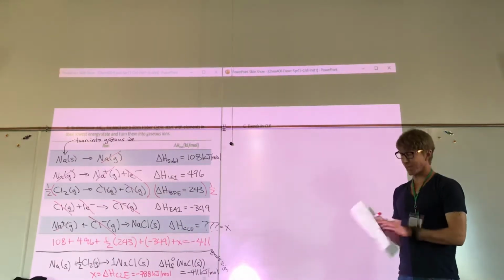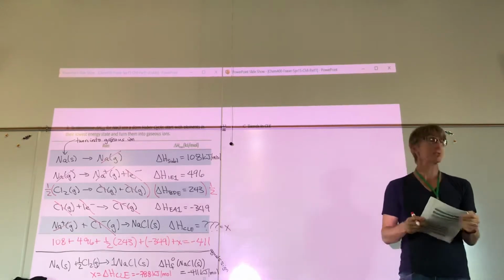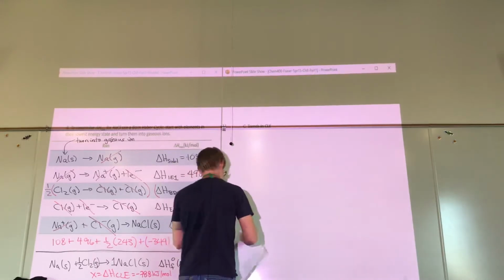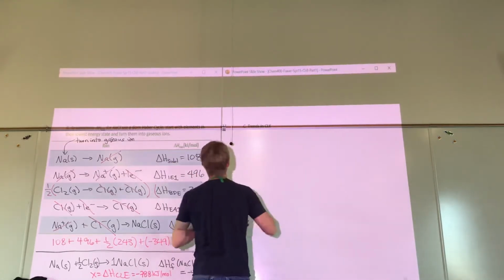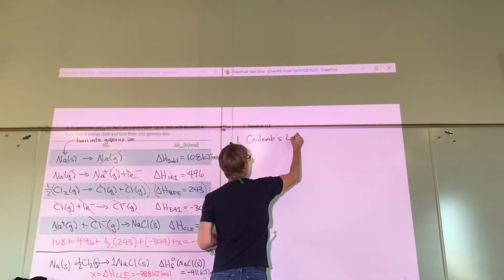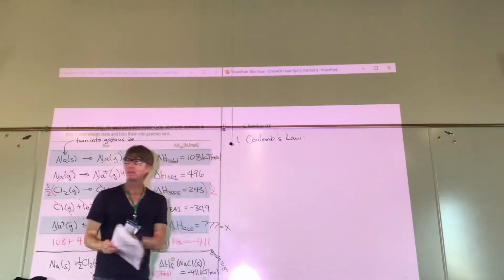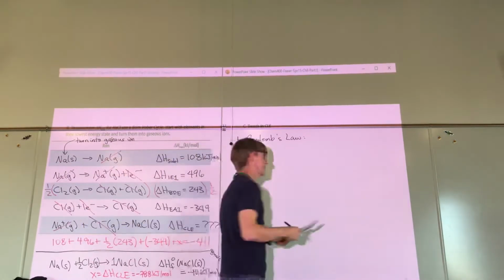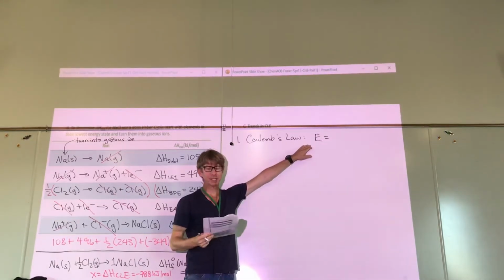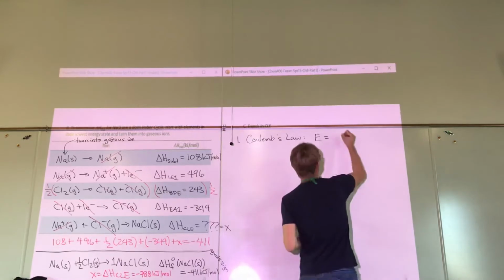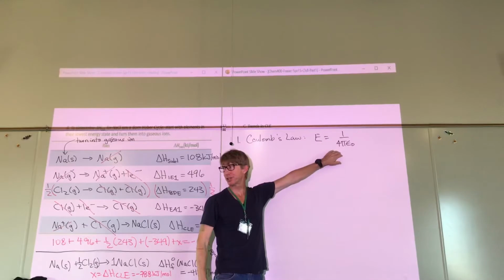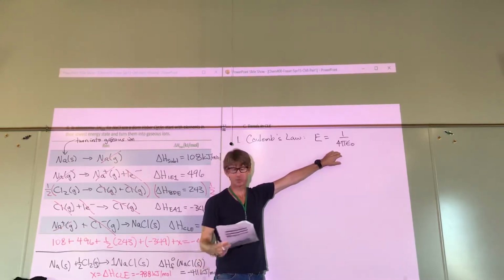Now I'm going to talk about trends in crystal lattice energy. Trends in crystal lattice energy follow what's called Coulomb's law. Coulomb's law says that the energy between different charges, E is energy, is equal to 1 over 4 pi epsilon naught. We don't have to know this term, but that is what Coulomb's law says.